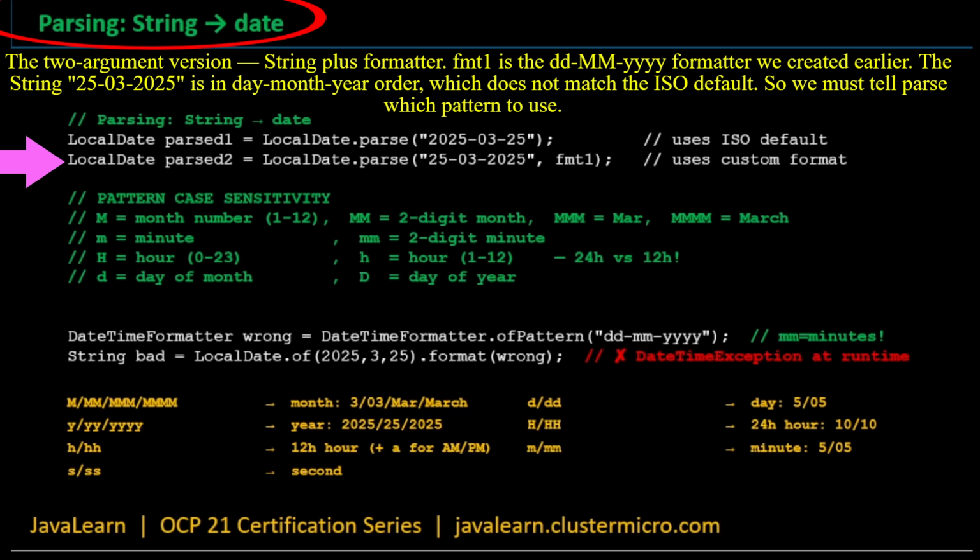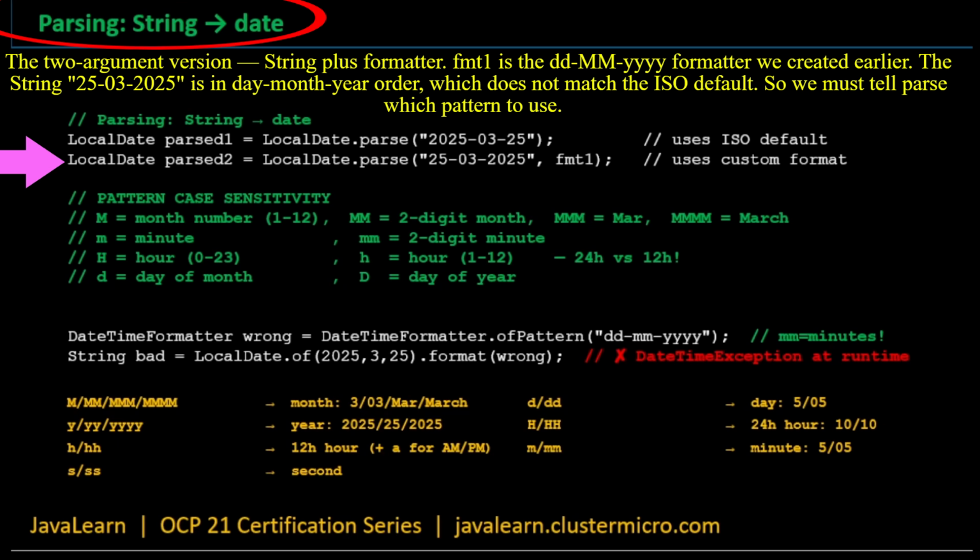Java reads the string according to the pattern. dd reads the first 2 characters as day 25, the hyphen is consumed. MM reads the next 2 characters as month 03, which is March, the hyphen is consumed, and then yyyy reads the last characters as year 2025. The result is the same local date as d1, 25th March 2025.